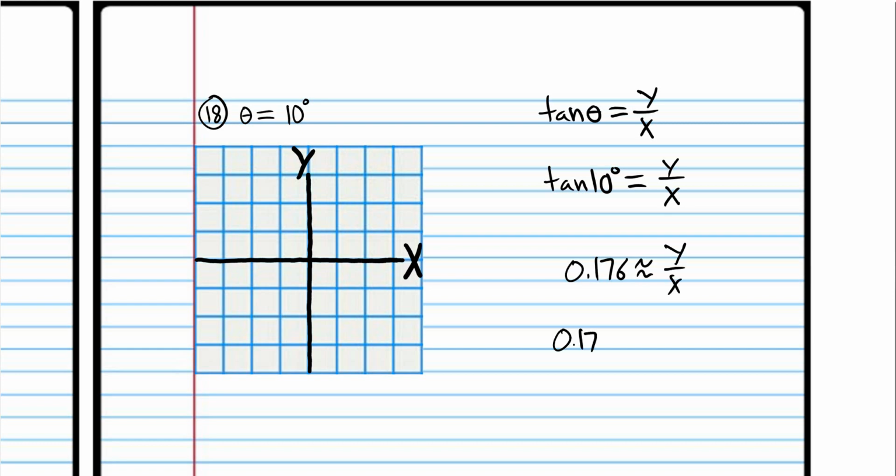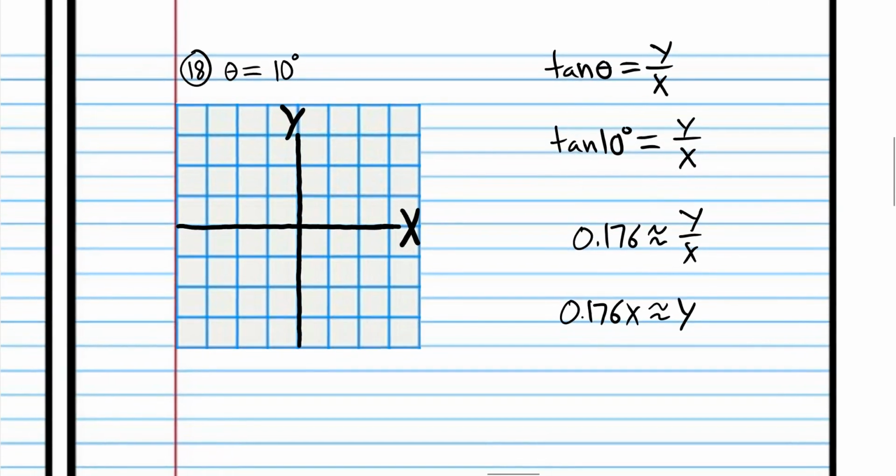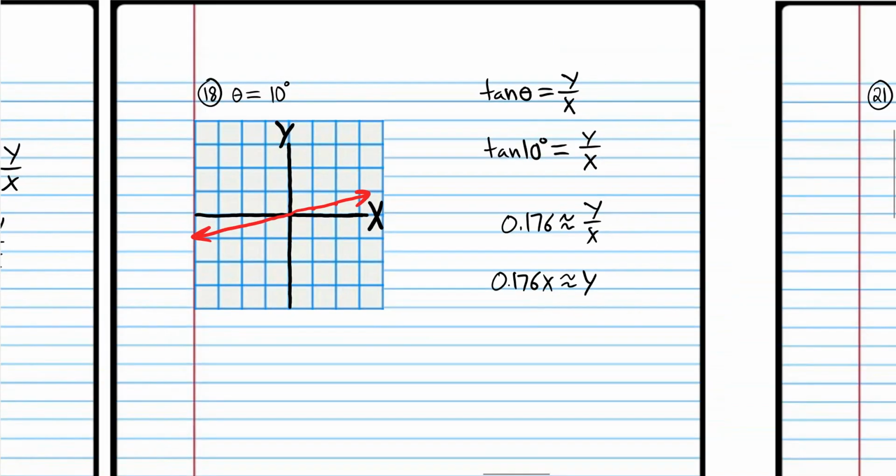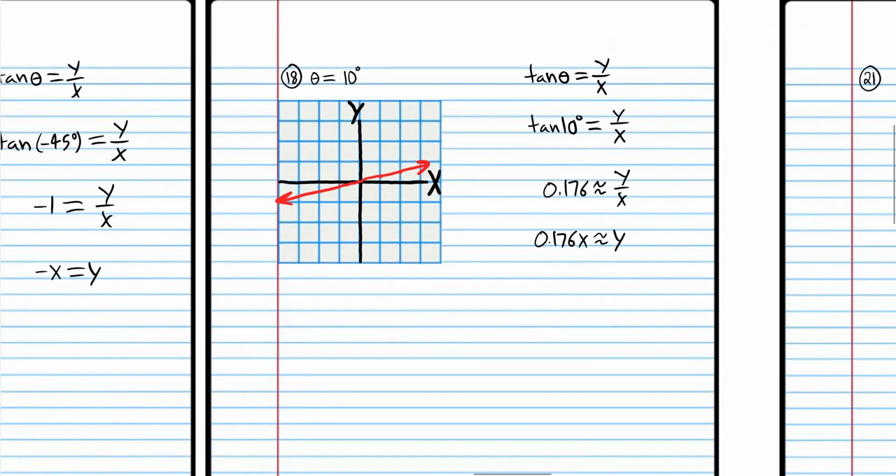And so that's what the equation looks like. It's just a line in slope-intercept form. So we're going to go to the right 1 and up 0.16, and again, and our graph should look something like that. Doesn't have to be perfect. So if you got that right, good.